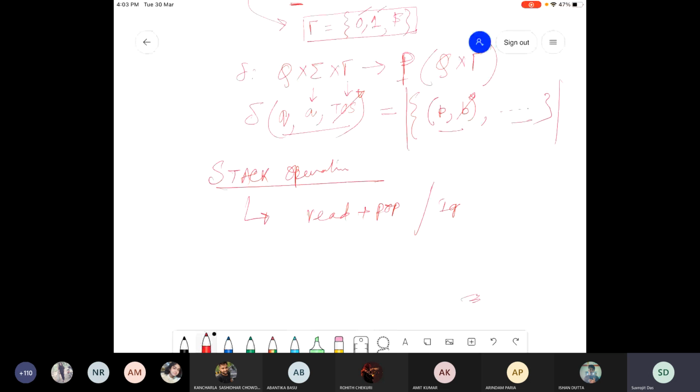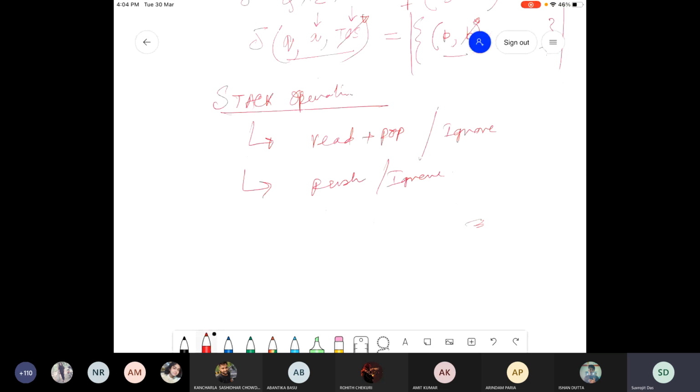You can read and then pop a symbol from the stack, or you can ignore the whole process, or you can push a symbol on the stack, or you can ignore. As I say that I can ignore, it means that I will be pulling the case of epsilon here also, right?